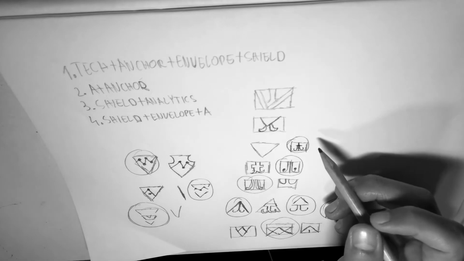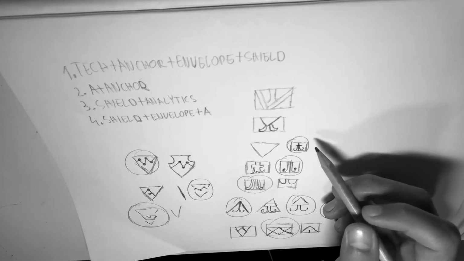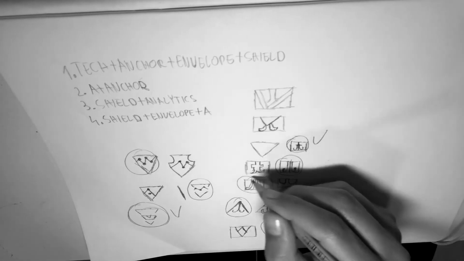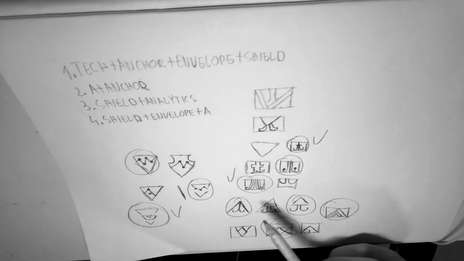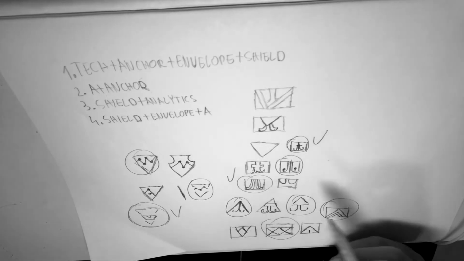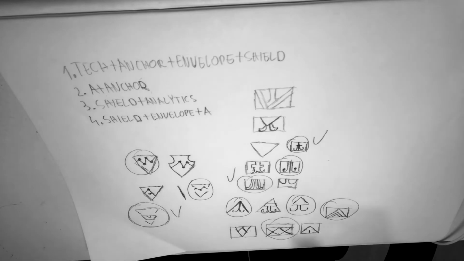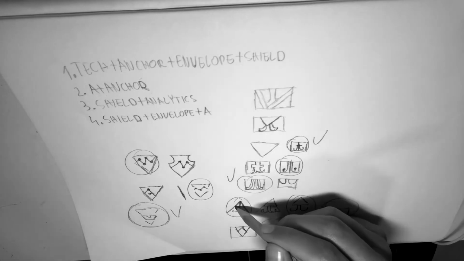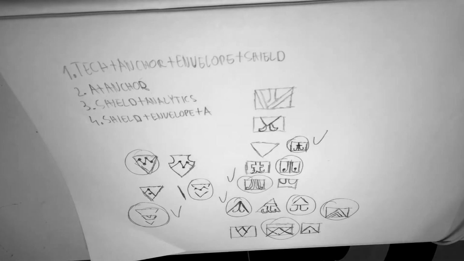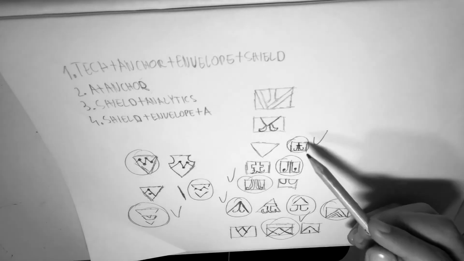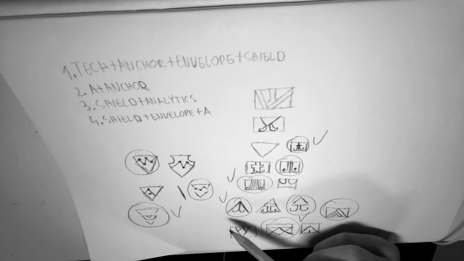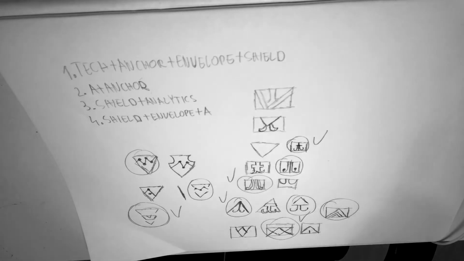I think we can try these two because they're good ideas. That's why I chose two. And from here we can try this idea and this one. So we have 1, 2, 3, 4, 5.